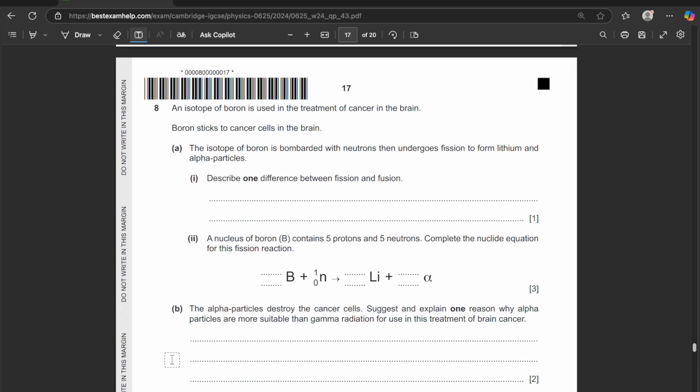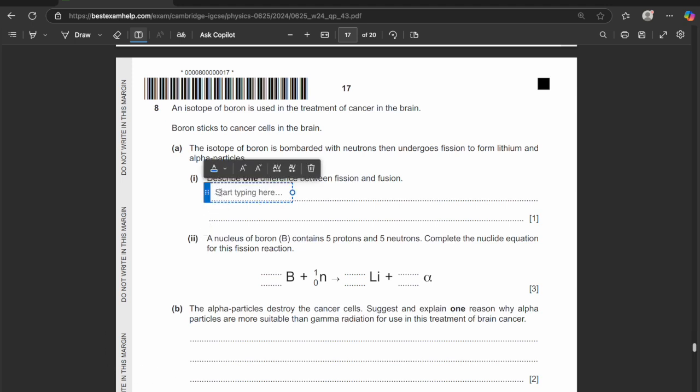8. An isotope of boron is used in the treatment of cancer in the brain. Boron sticks to cancer cells in the brain. A. The isotope of boron is bombarded with neutrons, then undergoes fission to form lithium and alpha particles. Describe one difference between fission and fusion. So one difference, right?